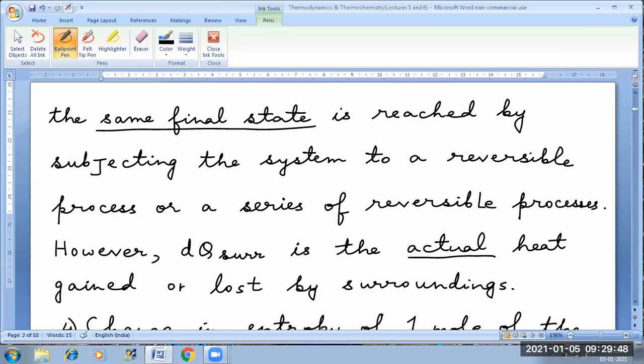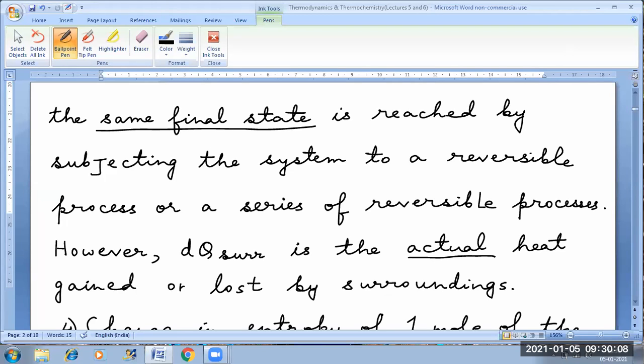So for dq surroundings, you don't have to consider any reversible process. You directly consider the heat gained or lost by the surroundings. So whatever is the actual value of heat gained or lost, that is nothing but dq surroundings.